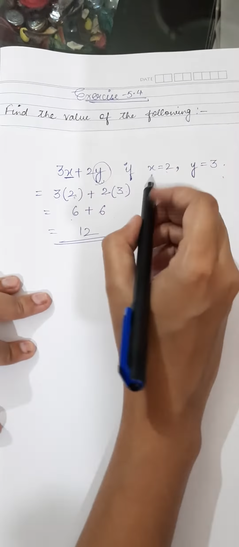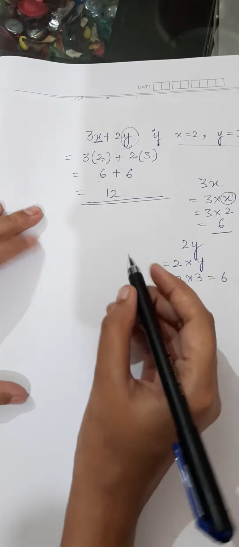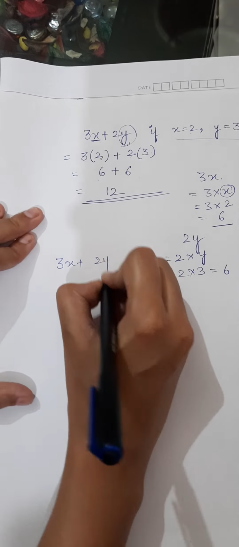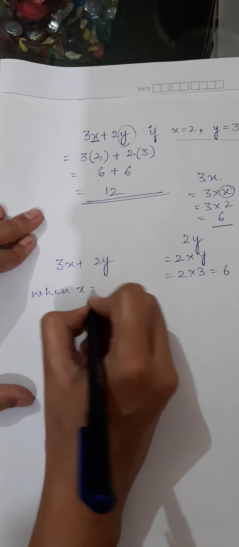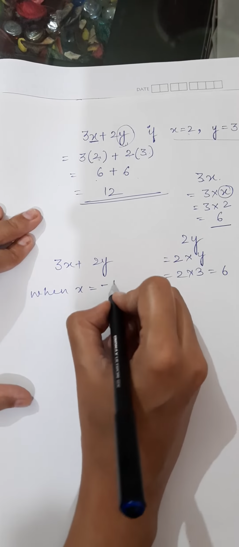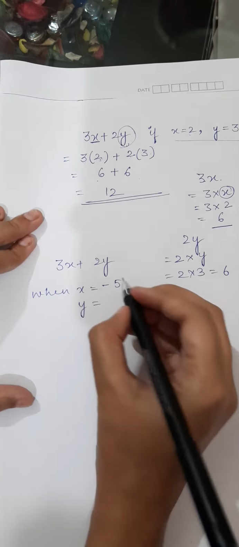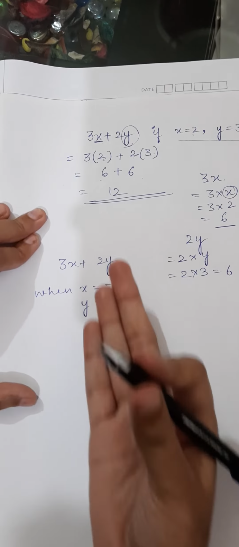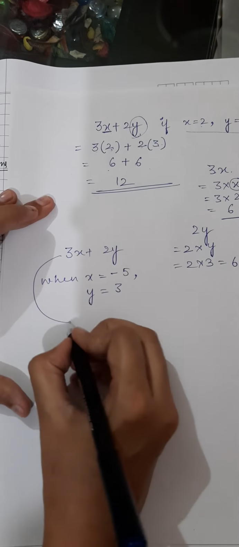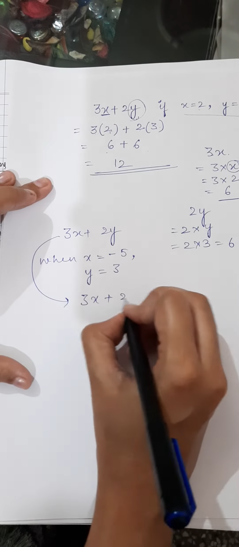Similarly, I can change the values in the same expression. I can ask you to find the value of this expression when x is equal to minus 5 and y is equal to 3. Now, 3x plus 2y.